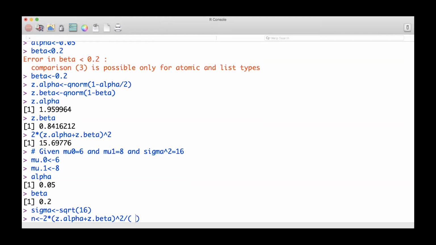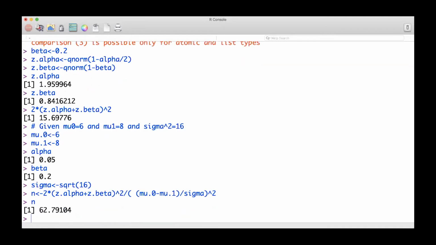In the denominator, we have the difference in the two means divided by the standard error, and we get a sample size of 62.79. Now, anytime you come up with a sample size calculation, if it is not an integer, you round up. So we would actually say that we need a sample size of 63.